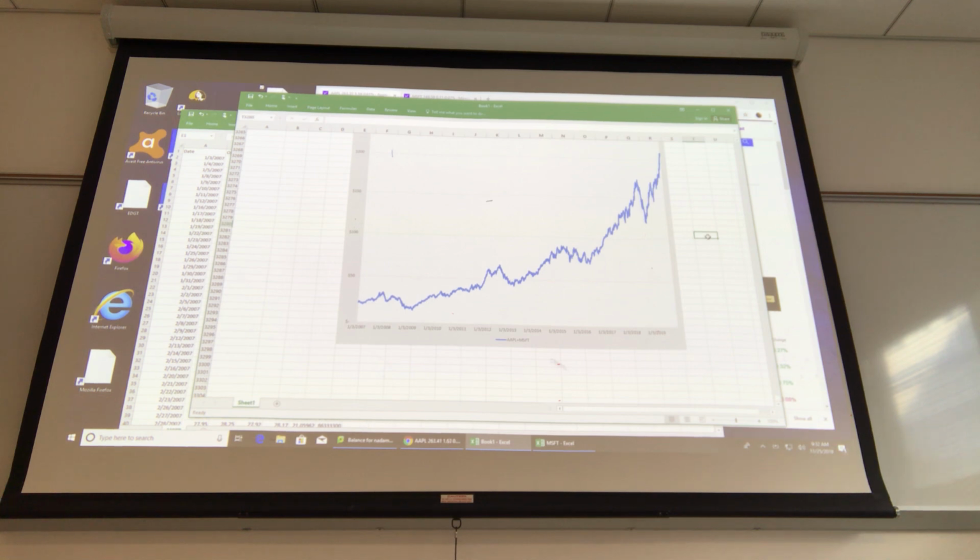So, what do you see here? Can you describe it? If I want to say what I see here, what do I need to use? Can I use a straight line trend or a moving average trend?